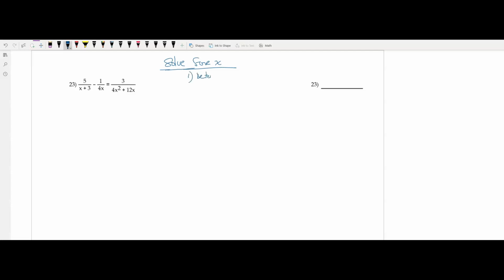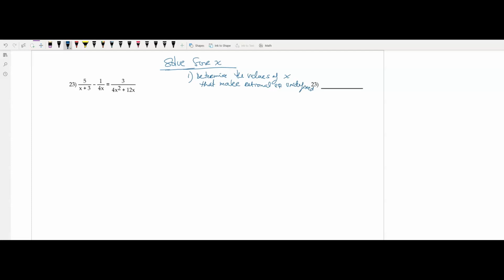Determine the values of x that make a rational equation undefined. All right, so we've seen that.